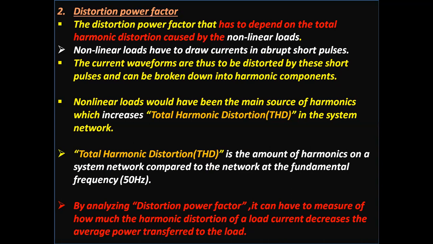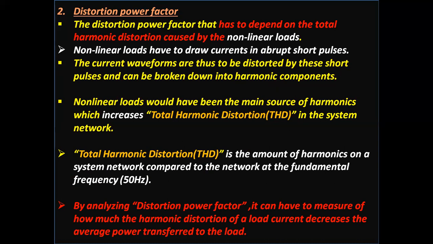in the system network. Total harmonic distortion, that is THD, is the amount of harmonics on a system network compared to the fundamental frequency, that is 50 Hz.